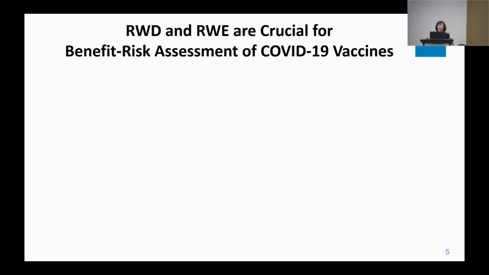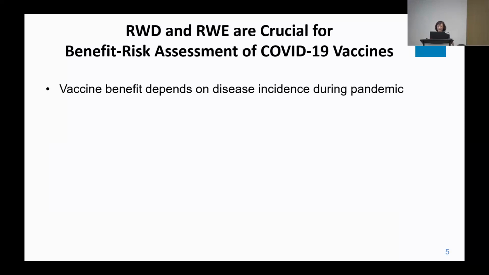Real-world data and real-world evidence are crucial for benefit risk assessment of COVID-19 vaccines. First, the vaccine efficacy obtained from a clinical trial may not directly measure the benefit of the vaccine in the real world, because the benefit of the vaccine not just depends on vaccine efficacy, but also on the disease incidence among the population.